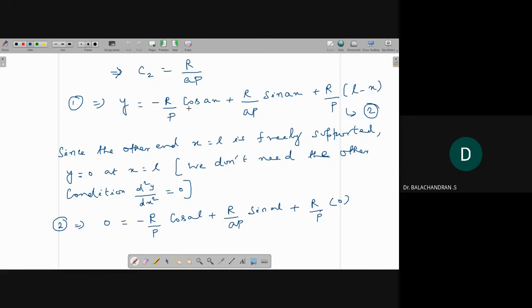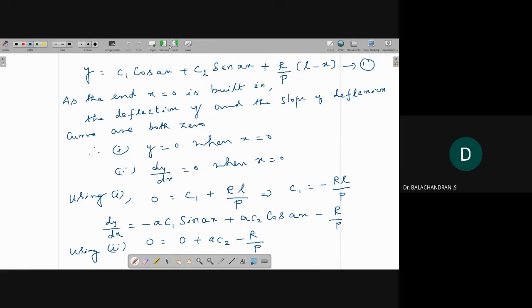I think there is some mistake in equation 2. What is equation 1? Equation 1 is RL by P, sir. Sanjaya? Yes, sir.